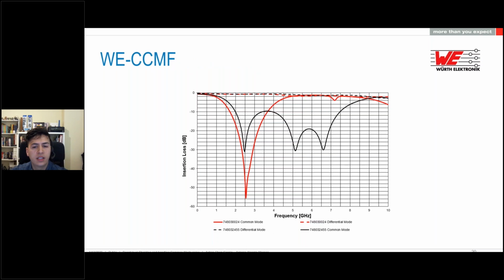Here we can see the S parameters of the CCMF, and as you can see here, we have really high attenuation at the resonance point, which is the 2.4 gigahertz, or actually 2.45 gigahertz, where the Wi-Fi and LTE technologies are working. As you can see, this common mode choke was designed to focus on this resonance.